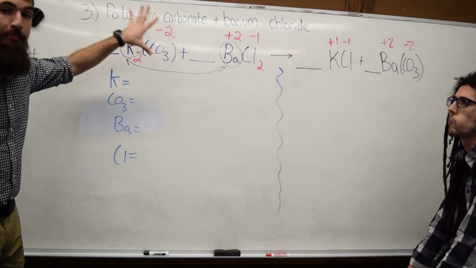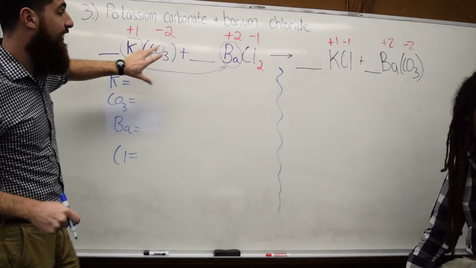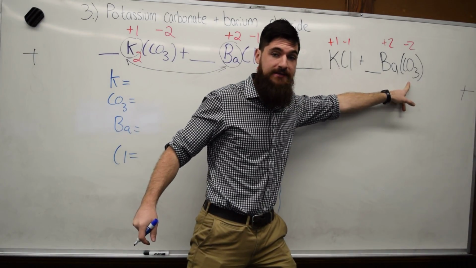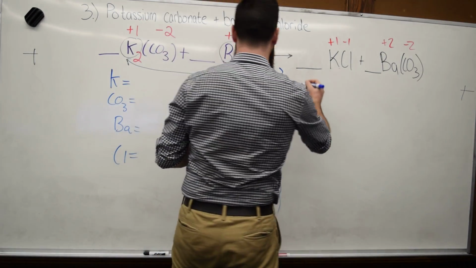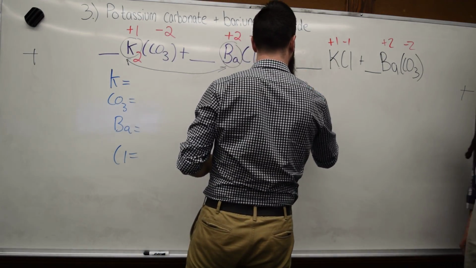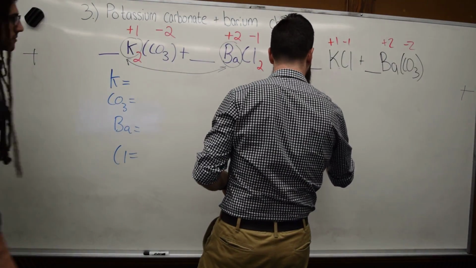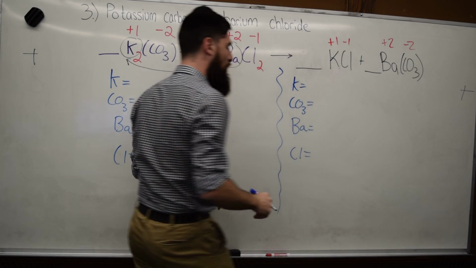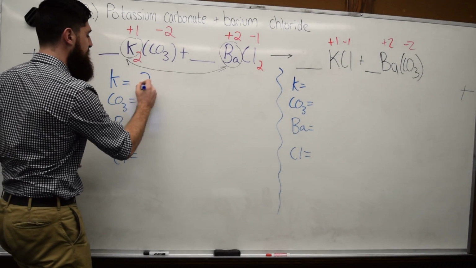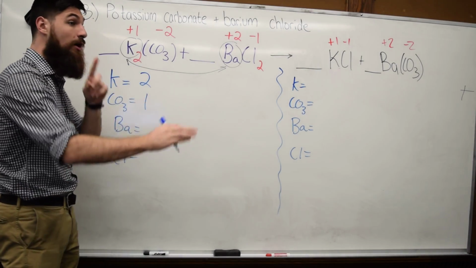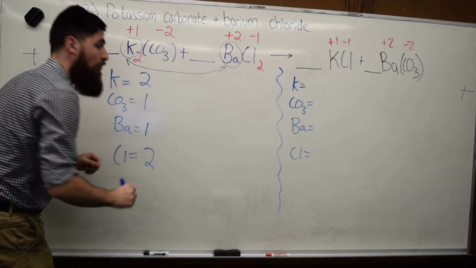Because CO3 is a polyatomic ion, and since it's a polyatomic ion that I also see on my product side, I can keep it together just because it's easier to balance that way. So we have potassium, carbonate, barium, and chloride. On my reactant side, we've got 2 potassiums, 1 carbonate, 1 barium, and 2 chlorine.